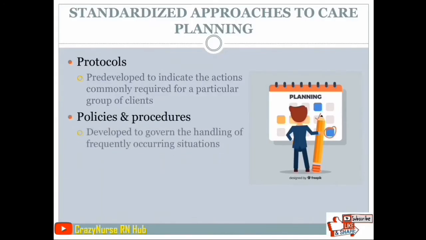We also have policies and procedures. These are developed to govern the handling of frequently occurring situations. For example, a hospital may have a policy specifying the number of visitors a client may have. Some policies and procedures are similar to protocols and specify what is to be done, for example, in the case of cardiac arrest.